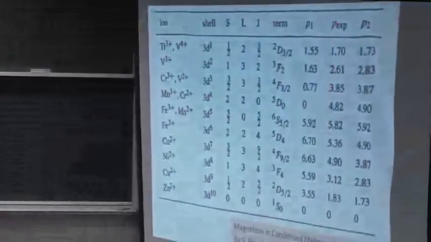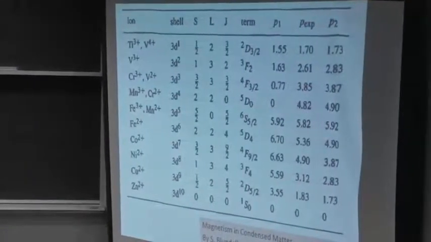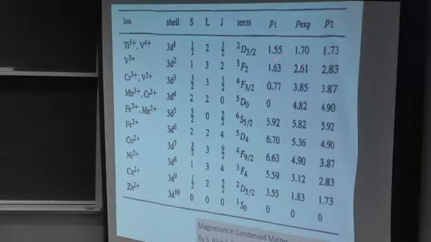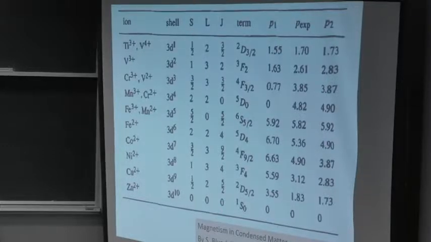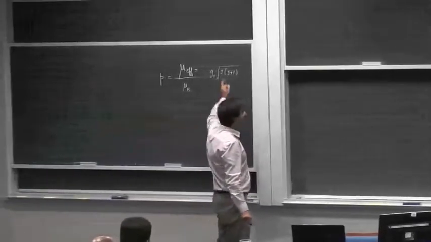Now you will observe that the experimentally determined magnetic moments, which come out from experimentally determined susceptibilities, are vividly different from the theoretical values. So 1.55, 1.70, they're not similar. However, if I assume L to be equal to 0, then J must equal S. So if instead of these values of J, I put in the value of S over here, and for S we know that the g factor is 2.